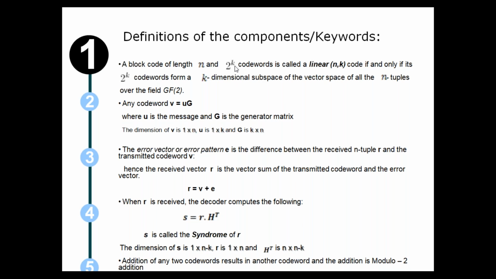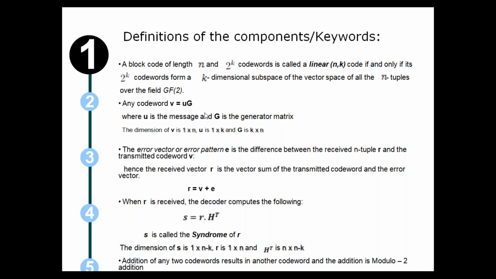That is, if 3 is the number of message bits in a particular message, then there will be 8 code words, that is 2 raised to k. It is related to the Galois field GF(2), that is we are using mod-2 addition here, and the code word can be generated by multiplying the message with the generator matrix.